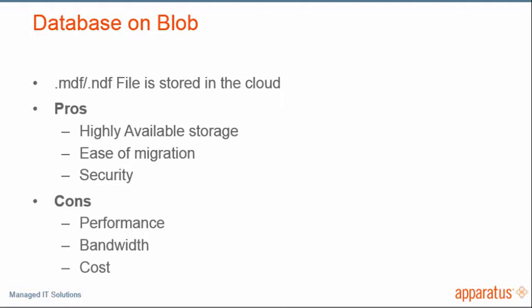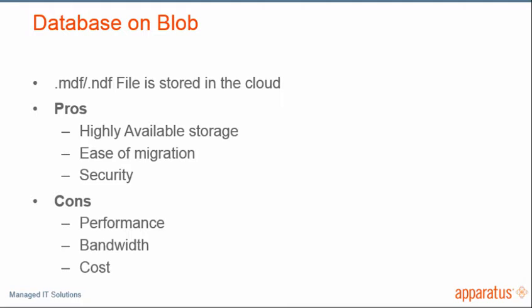So if you think about putting your database files out in the cloud, the pros here are easy, highly available storage. If you don't want to have to worry about getting your own replicated SAN environment set up so that you have highly available storage, you don't have to think about that, because you're just pointing it to essentially a URL, and when you point to that URL, the file just stays in the cloud for you.